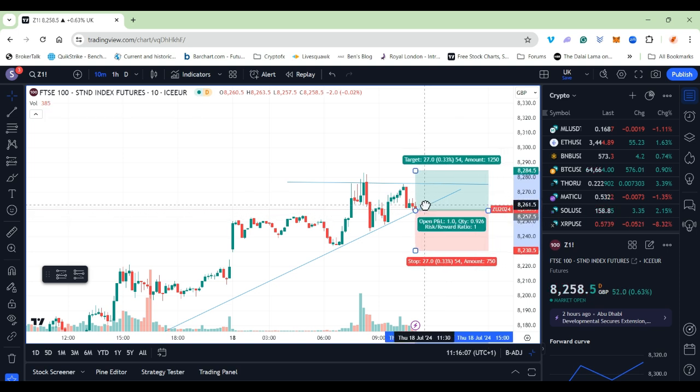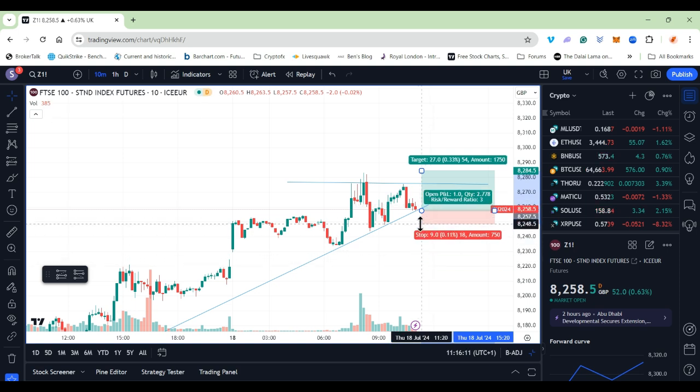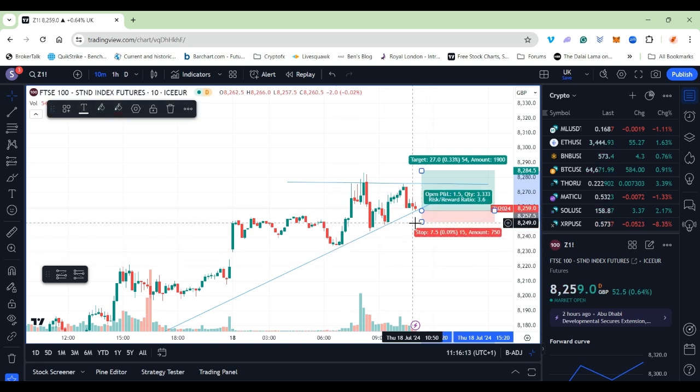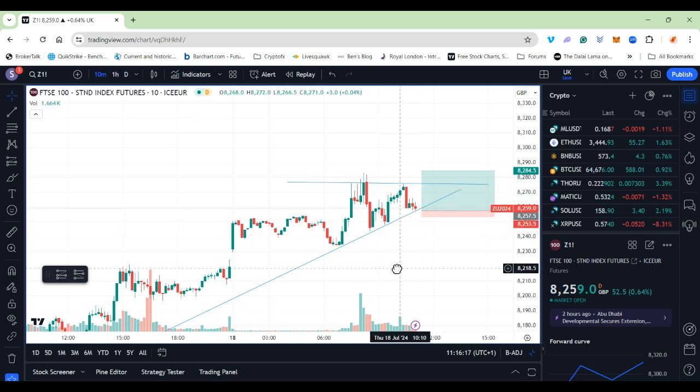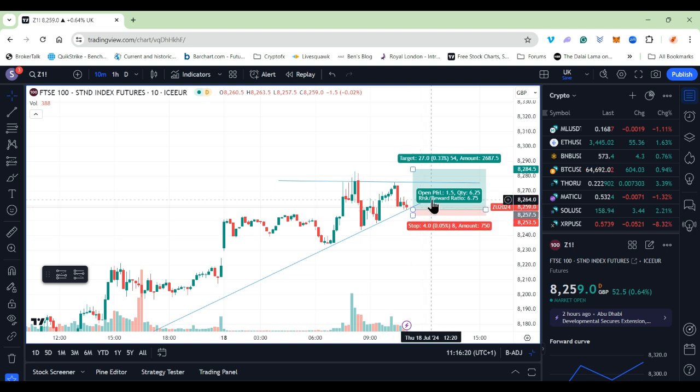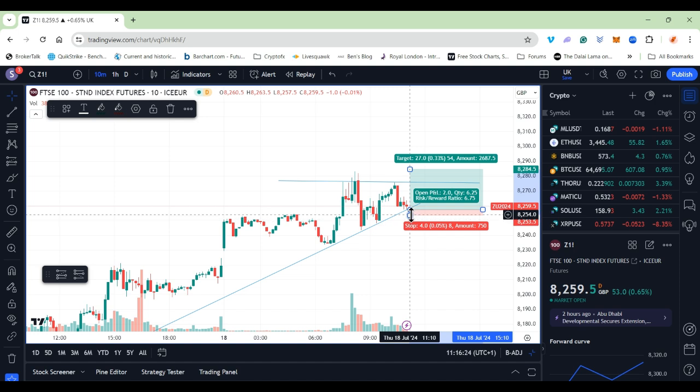So I'm going to buy it right now where it is. Bang, I'm going to buy it. And then I'm going to stop just below this trend line that I've made. Because if it breaks here, our technical analysis theory is it's going to go down, right? So I'm going to buy right now on the trend line. I'm thinking it's going up, and I think that's a good place to buy. And then I'm going to stop just below it.